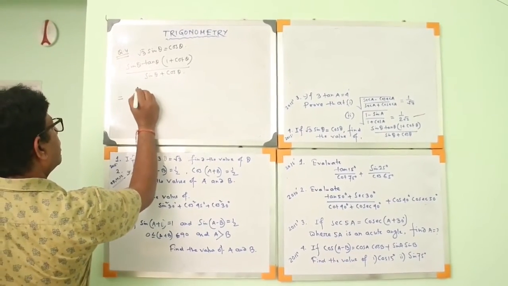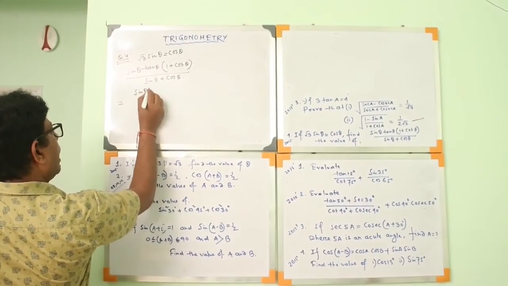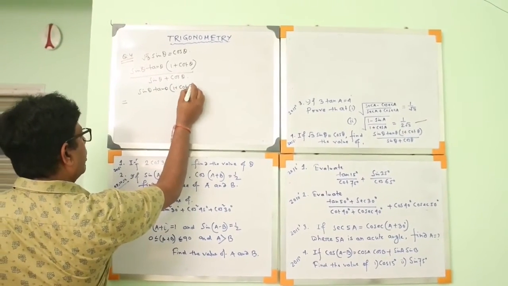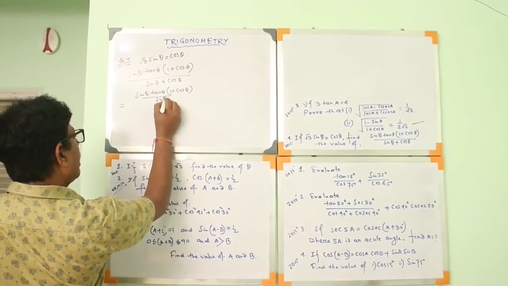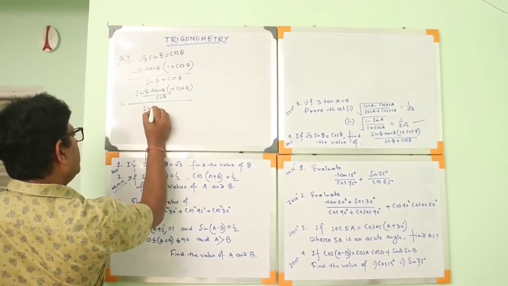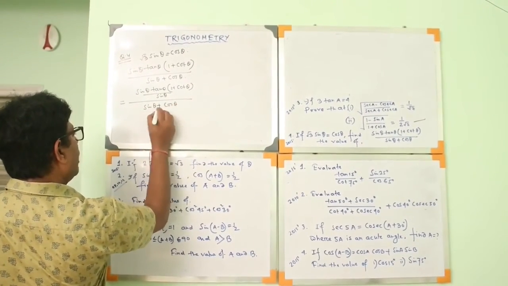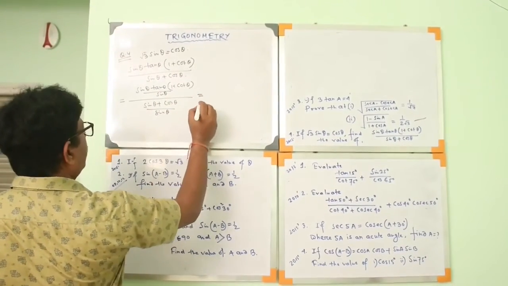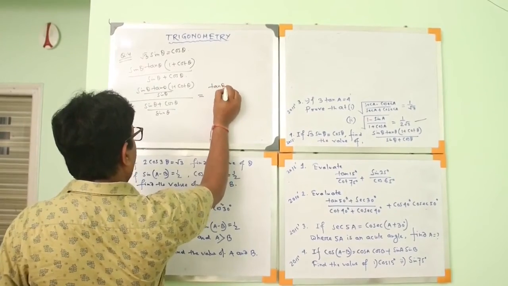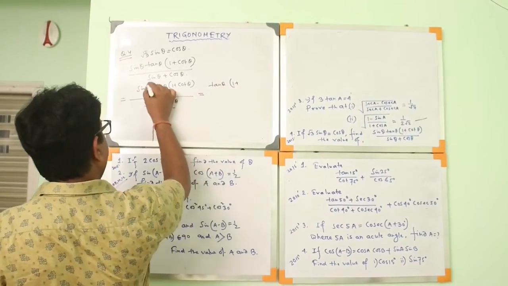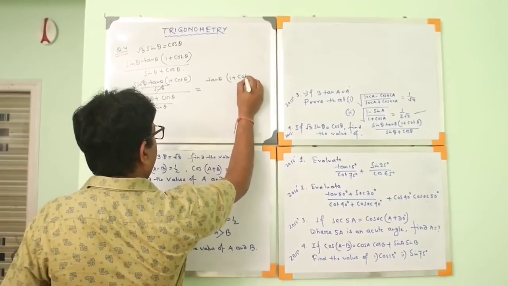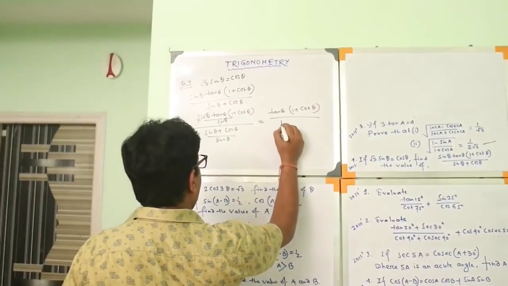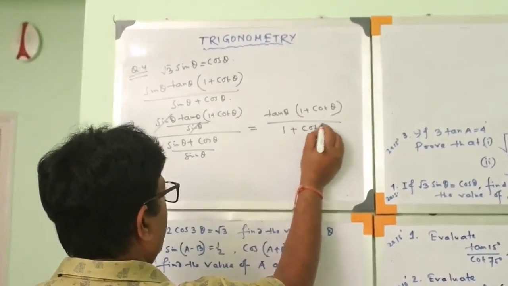We will get sin theta tan theta (1 plus cot theta) by sin theta, and (sin theta plus cos theta) divided by sin theta. So ultimately we get tan theta, because sin theta cancels, (1 plus cot theta) divided by sin theta and sin theta means 1 plus cot theta.